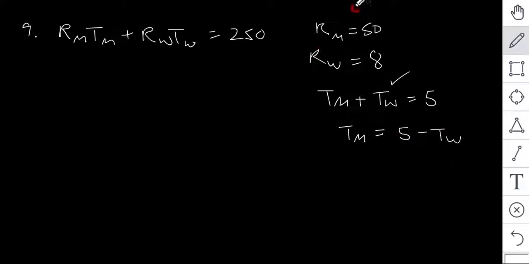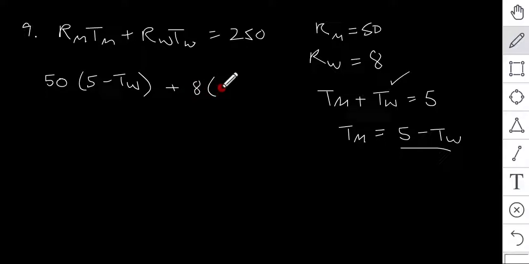So we're just going to plug everything into the mother equation. So Rm is 50. Tm is going to be this, so it's going to be 5 minus tw. Rw is 8. Tw is the variable that's going to stay, equals 250.